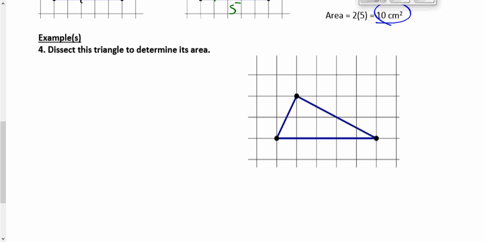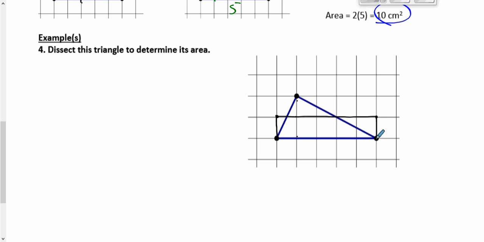Okay, so the original height of the triangle here is 2. If we cut that in half, keeping the same base, right? I want to go from here to here, keep the same base, right? We now have a rectangle.